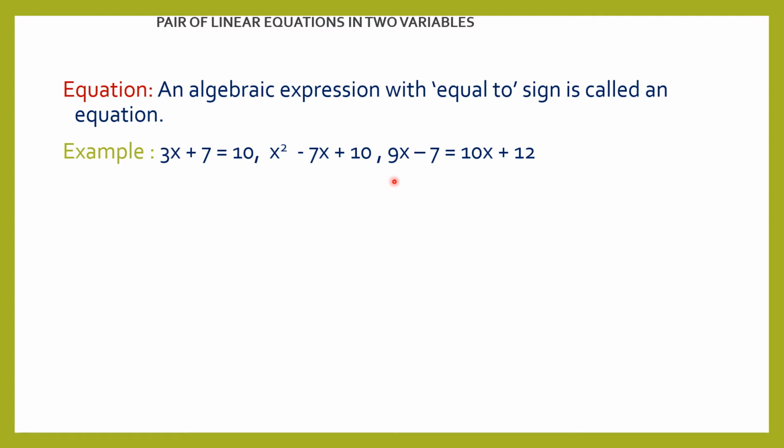And next one, 9x minus 7y equals to 10x plus 12. So 9x minus 7y is an algebraic expression, and 10x plus 12 is also an algebraic expression. So these are having equal to sign. This is also an equation.